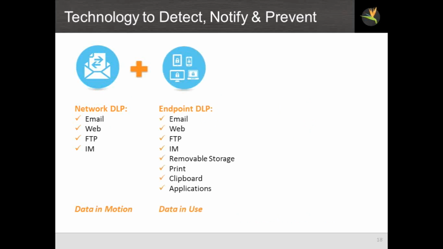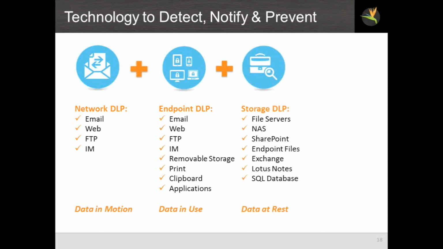Endpoint DLP is data in use, and that covers those things that we look at on the network, email, web, FTP, or IM, at the clients on the user's endpoint that actually produce the email or the web browser. We also are concerned at the endpoint with removable storage, with data being printed, data being pasted off the clipboard, or data being moved into applications.